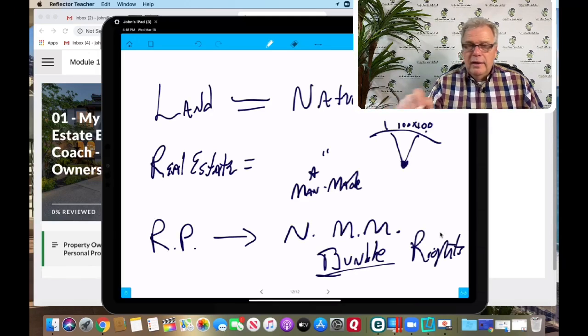Now, we use these terms interchangeably, but for the examination, they're going to use them. They're going to possibly ask you questions, and you just need to be able to quickly say, if I see a question that just talks about rocks, soil, water, grass, center of the earth to infinity, that's the definition of land.